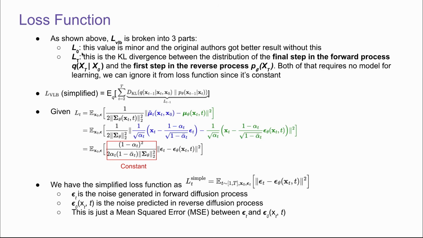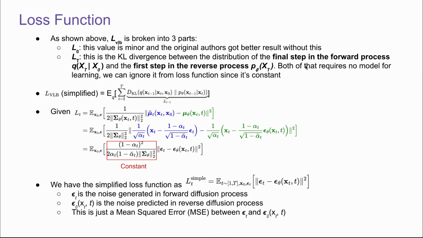The first one is L0. This value is minor, and the original authors got better results without this. Let's ignore this from the loss function. LT is the KL divergence between the distribution of the final step in the forward process, q(xT given x0), and the first step in the reverse process, p theta of xT.